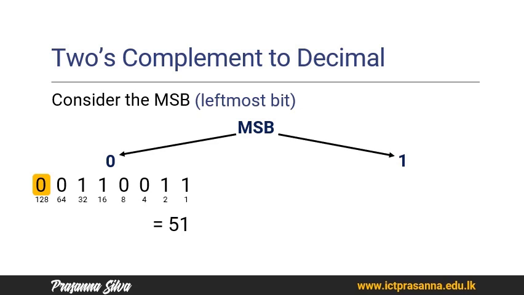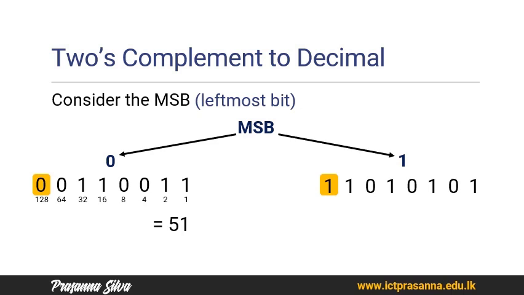If the most significant bit is a 1, we know that it's a negative number, so we can't simply convert that into decimal. So rather what we do is apply the 2's complement method onto this again.